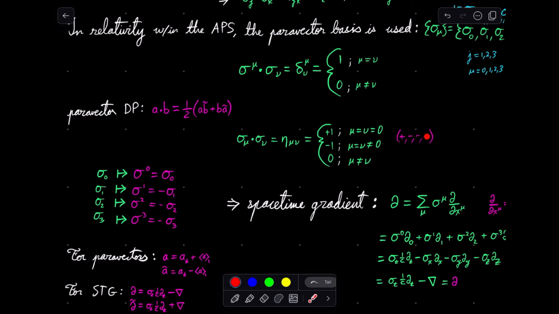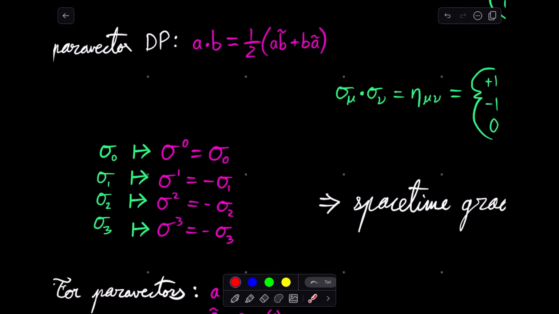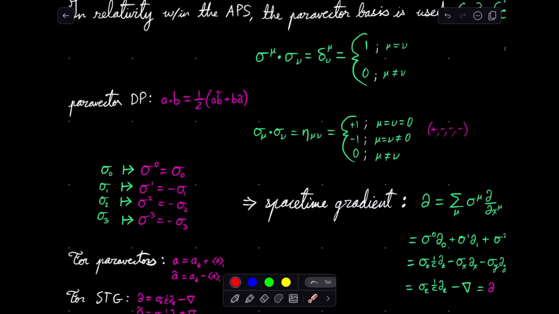And because the metric gives you the minus sign here, you're going to have to have a minus sign up here to cancel out the minus sign that's in this metric. So you end up with sigma 1, sigma 2, sigma 3 superscripts all being equal to the negative of their subscript variants. So the standard basis, and then the reciprocal basis represented in the standard basis. So you have positive, minus, minus, minus.